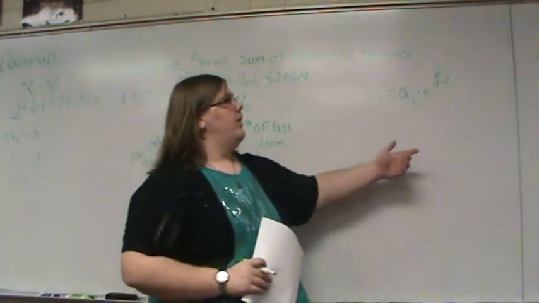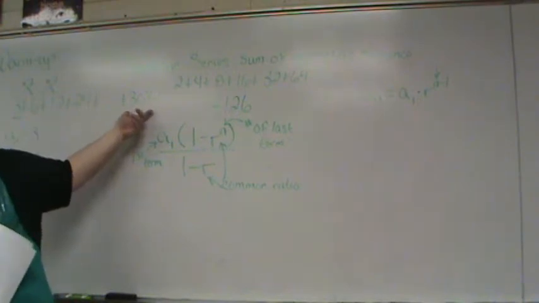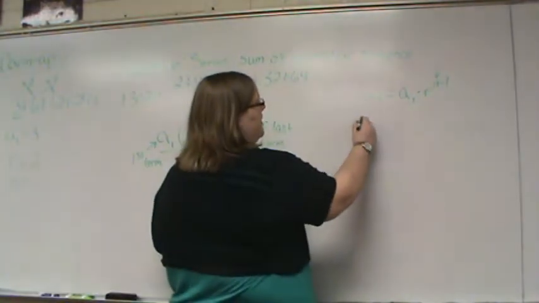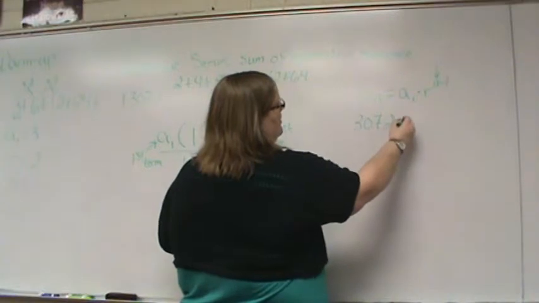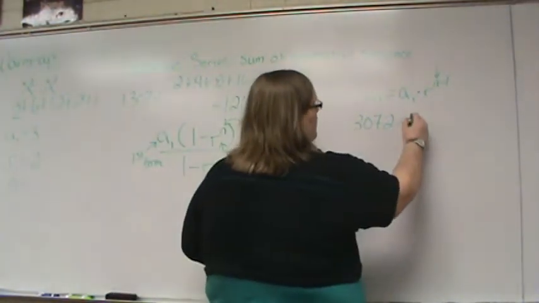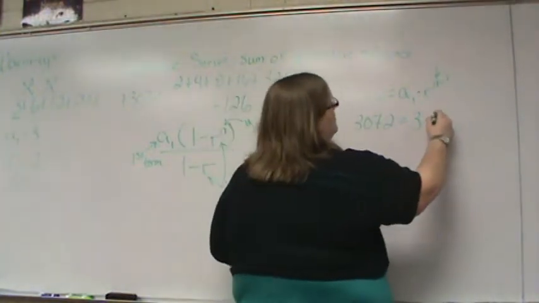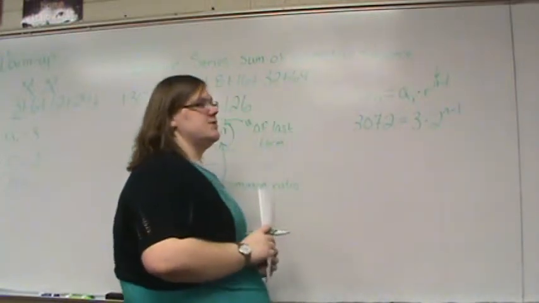If I'm looking for an N value for my last term, I'm going to plug in my last term, right? So that AN is going to become 3072. What was my A1 value? 3. And then what was my R value? 2. And then I'm solving for that N, so I still have N minus 1.